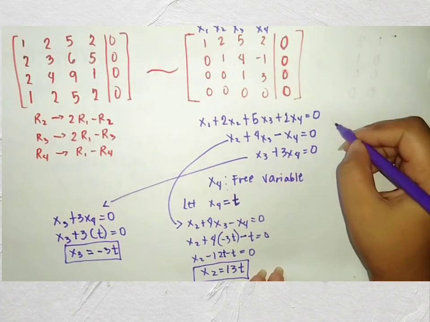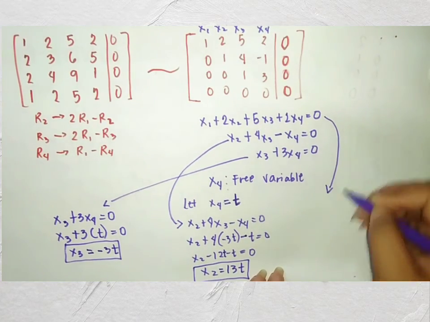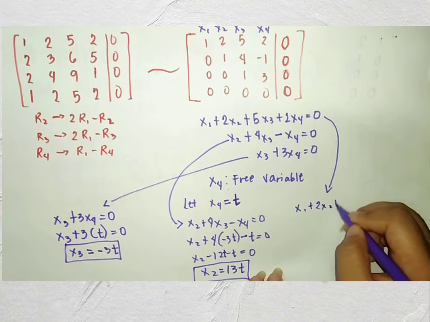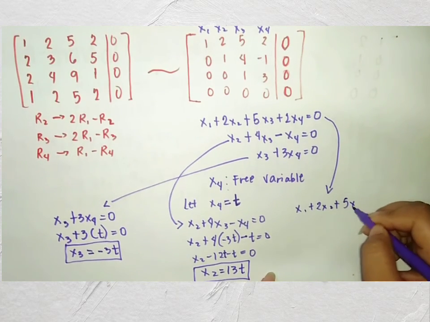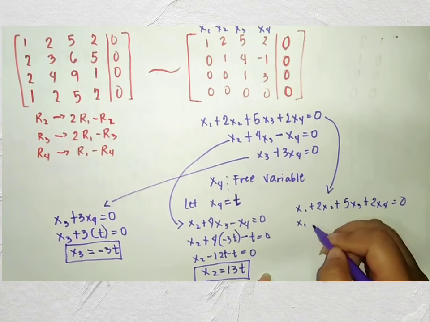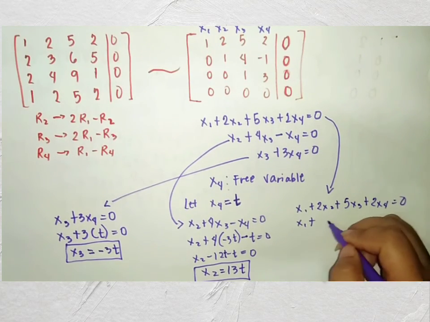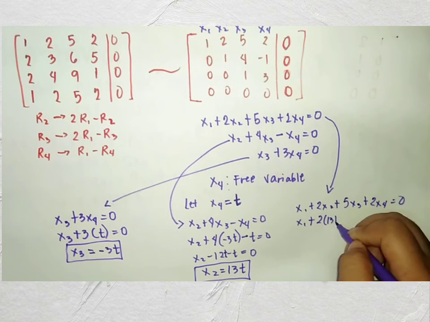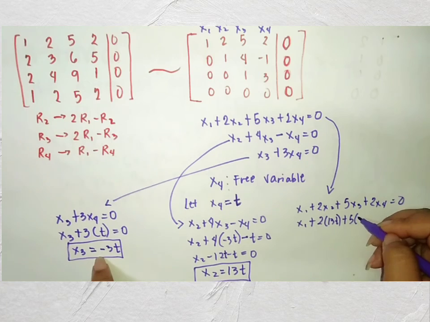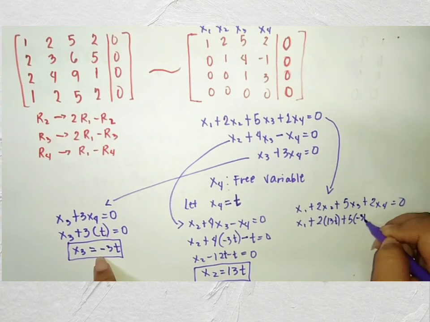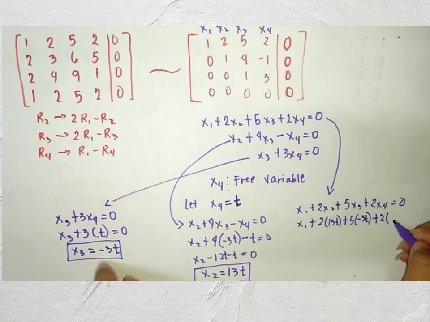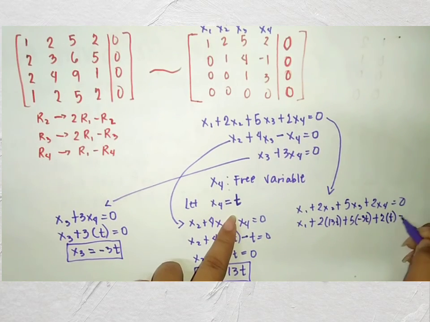And for the last variable, x sub 1 plus 2x sub 2 plus 5x sub 3 plus 2x sub 4 is equals to 0. So, x sub 1 plus 2x sub 2, meron na tayong x sub 2, 13t, plus 5, x sub 3 natin is negative 3t, plus 2, x sub 4 is t, is equals to 0.